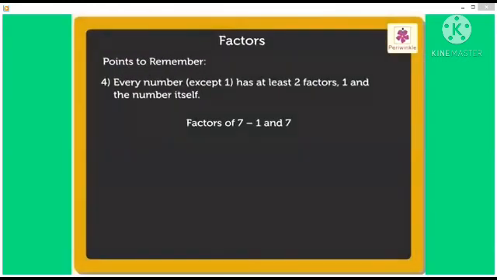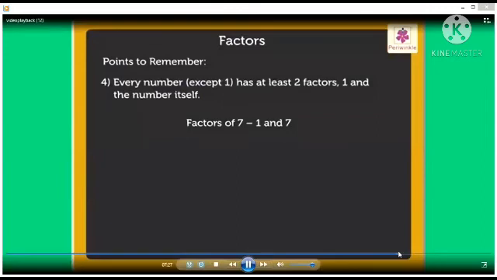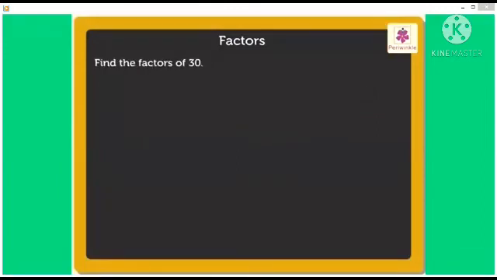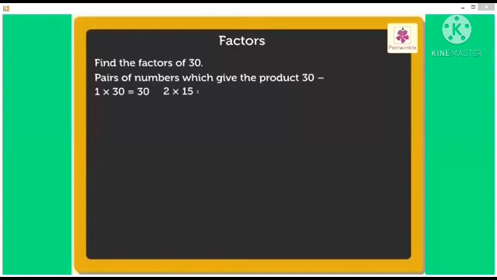Now, let us find the factors of one more number. Let us take the number 30. The pairs of numbers which give the product 30 are 1 into 30 is equal to 30. 2 into 15 is equal to 30. 3 into 10 is equal to 30. 5 into 6 is equal to 30.